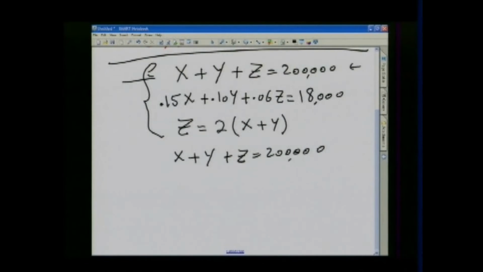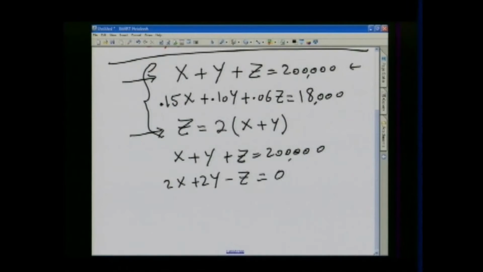That's from the first equation. The last equation would give me 2x plus 2y minus z should be equal to 0.